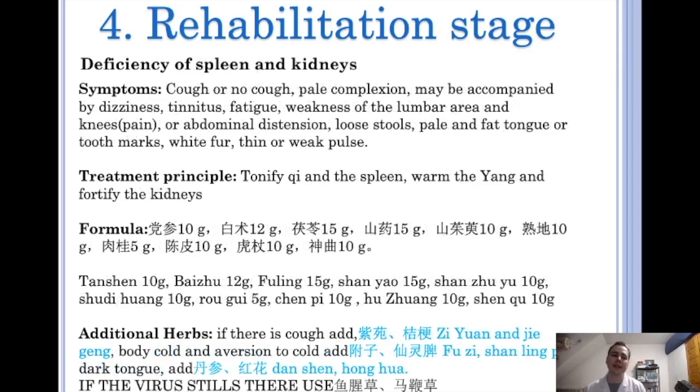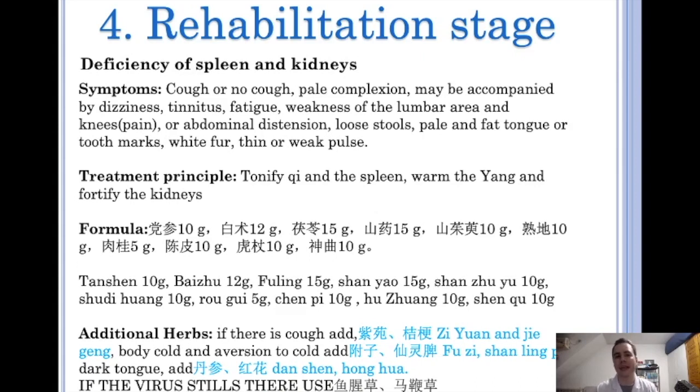Now, the second one is the deficiency of spleen and kidneys, okay? In this case, it's the same: there is still dampness, if there is deficiency of spleen, there is deficiency of qi, and if there is deficiency of kidneys, there are a lot of symptoms related to the kidneys, okay?